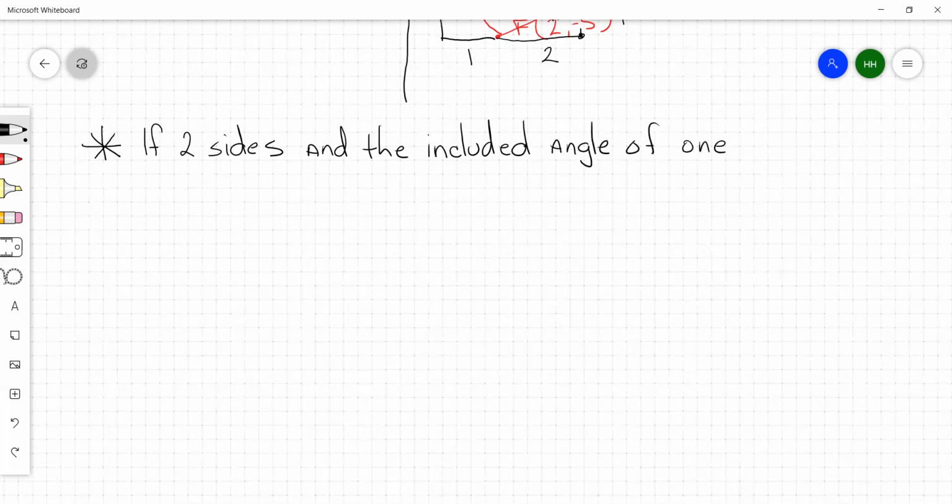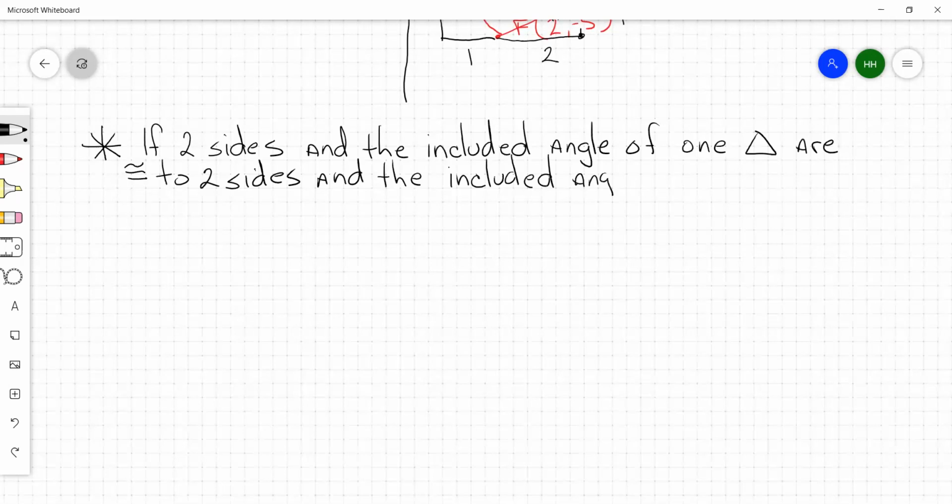of one triangle are congruent to 2 sides and the included angle of another triangle, then the triangles are congruent.